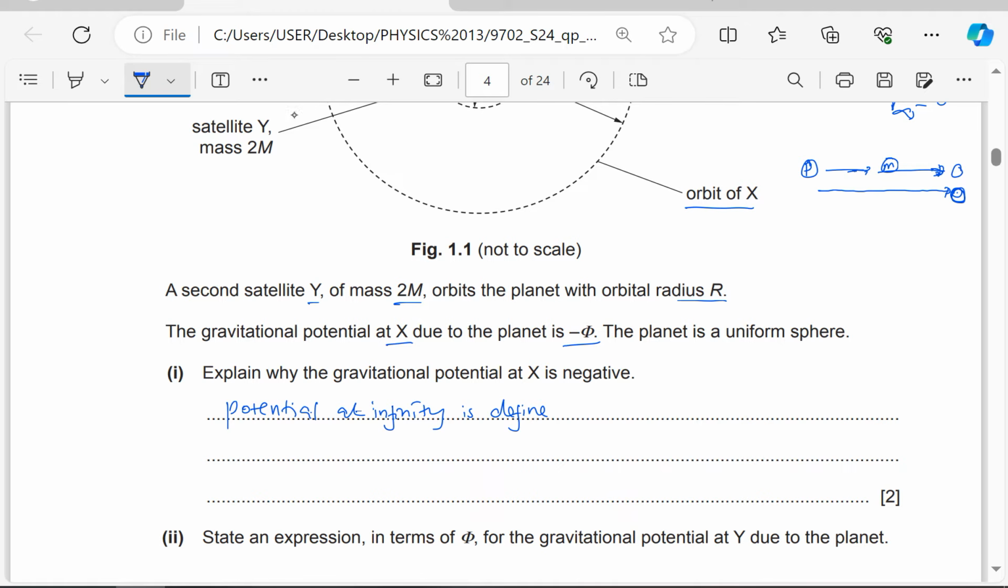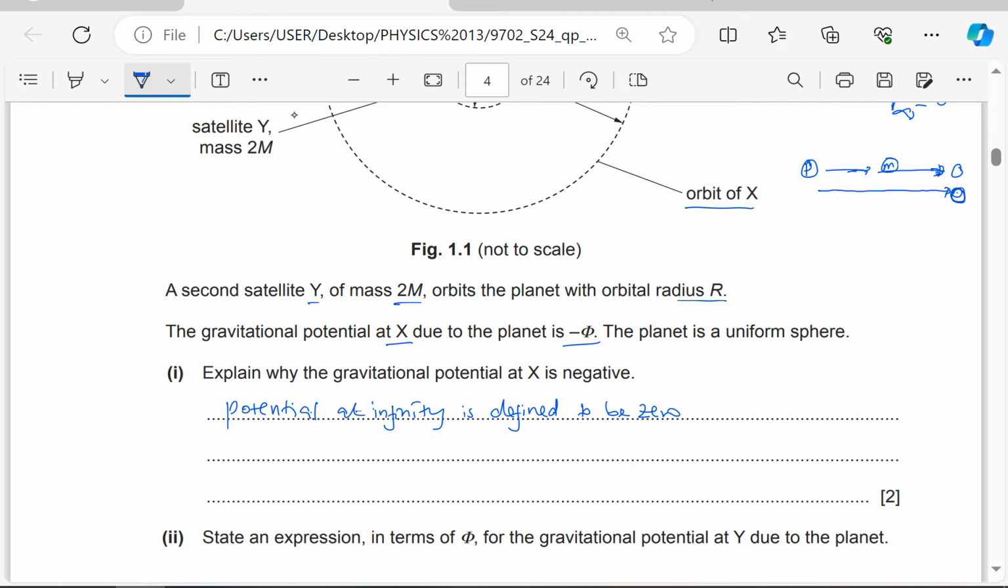So potential at infinity is defined to be zero. And when you move a mass m from a point closer to the planet farther away, you are doing work against the attractive force because these two masses are supposed to be attracted.